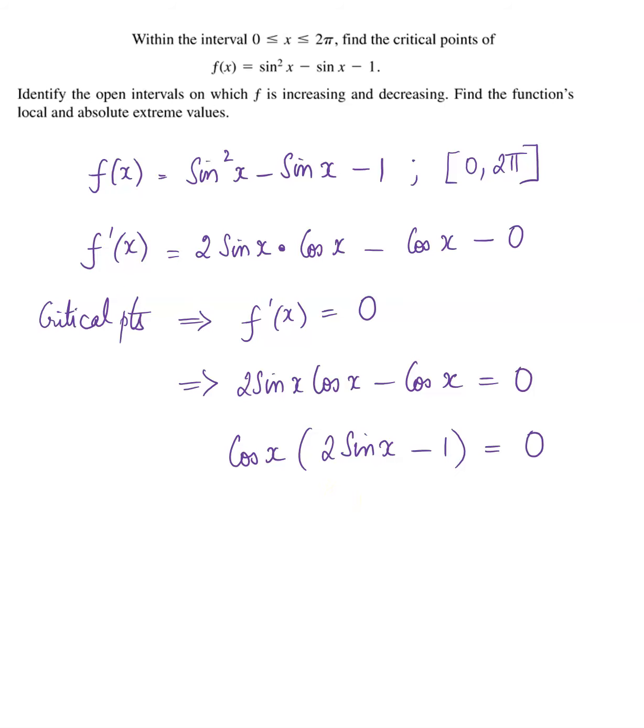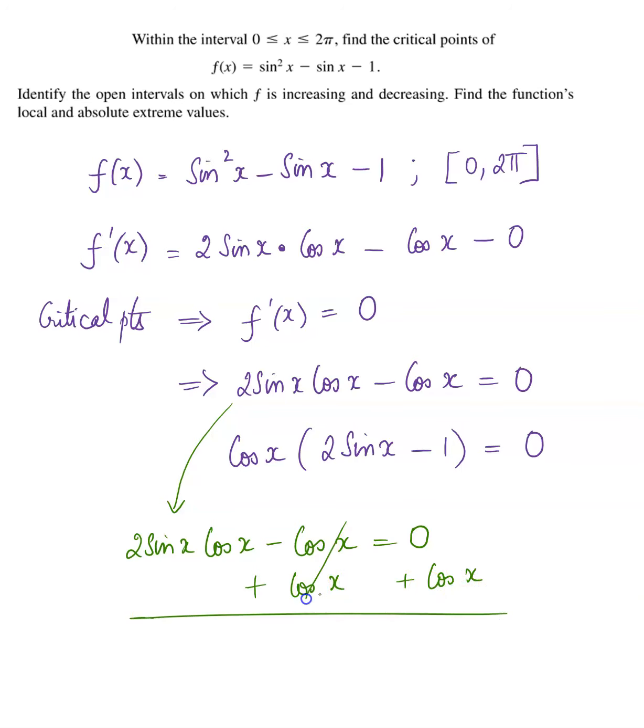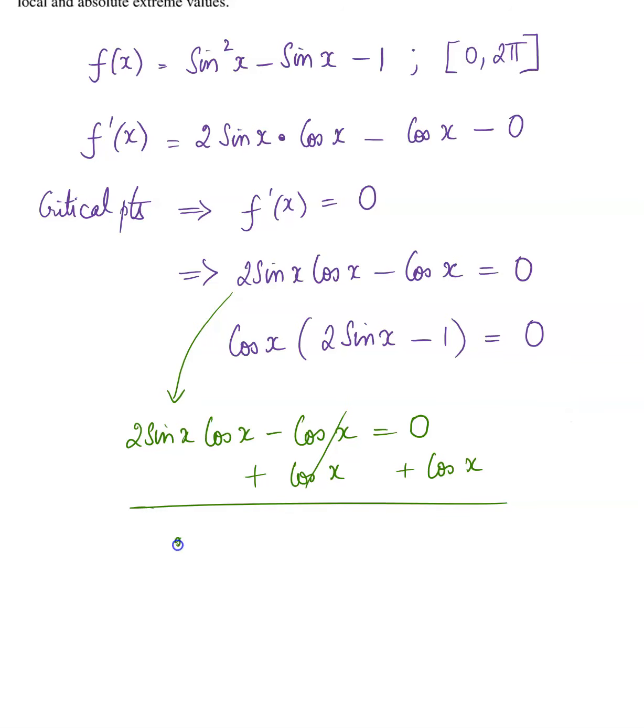Let me just quickly remind you, I said this in a different video, but what sometimes students tend to do is add cosine x on both sides. Okay, this is wrong, so I'm showing you why it will be wrong. Your next tendency is to divide both sides by cosine x, right?